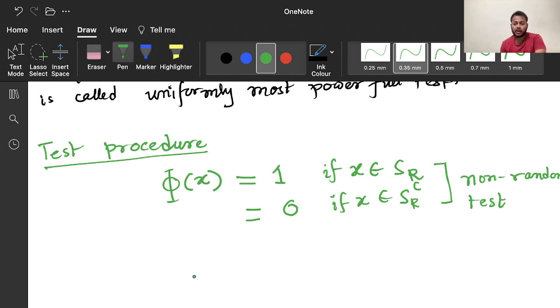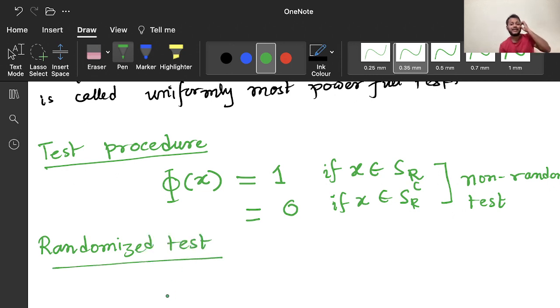Now sometimes a randomized test is required. So what is a randomized test? Let me define it here. This test is required mostly in the case of a discrete random variable.